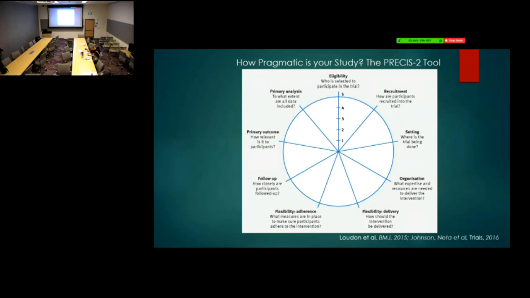But if you're trying to look at the evidence for effectiveness, you're going to want a tight population. You're not going to want people with things that will mess up your study. All right? You don't want everybody. You just want certain people with certain good characteristics to study your intervention. You're going to only recruit certain kinds of people. You want to do it at your clinical research centers to control everything, right?